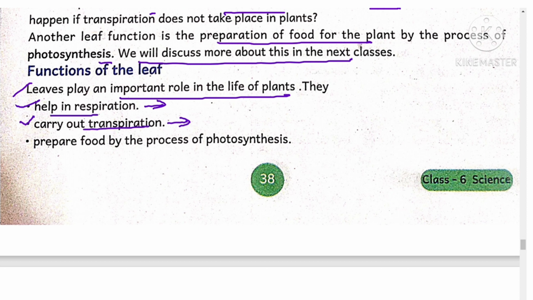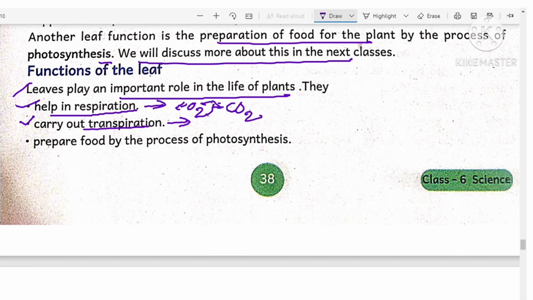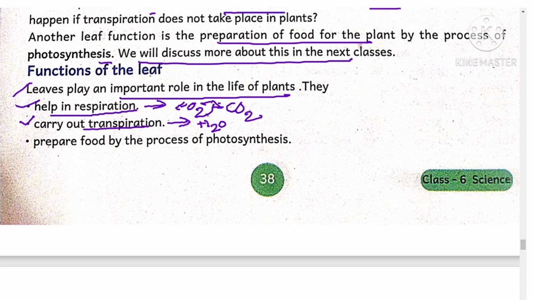In respiration, they absorb oxygen and produce carbon dioxide, like us. In transpiration, they release lots of water vapor through stomata from the leaves. They also prepare food by the process of photosynthesis.